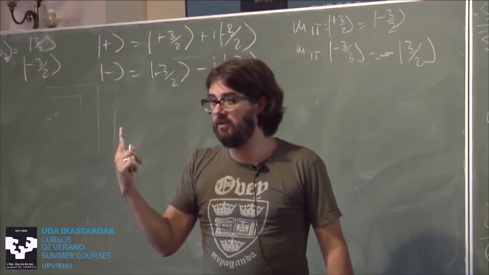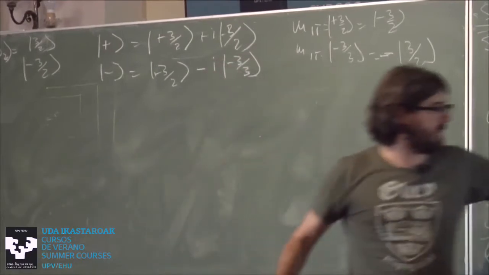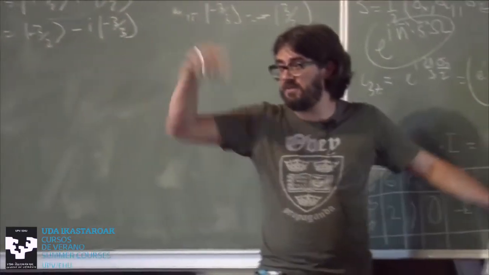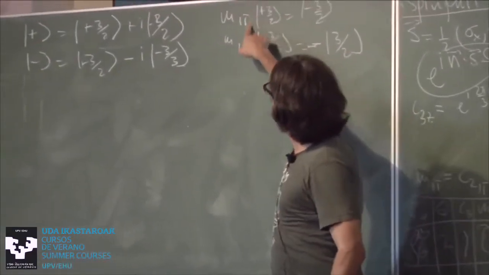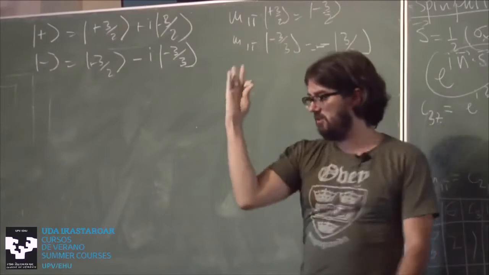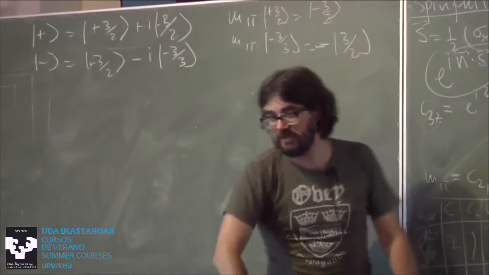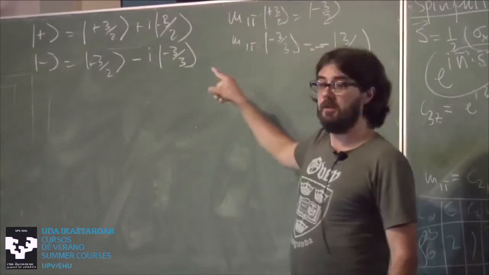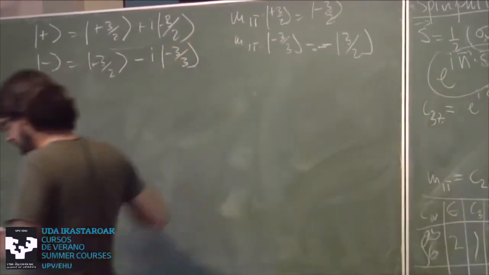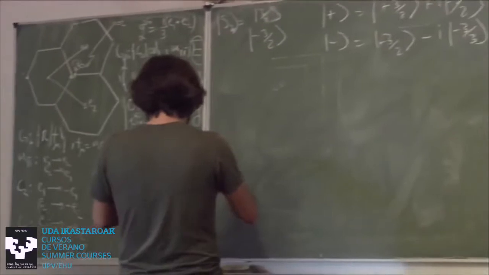It flips the spin by 2 pi. So if I choose the basis where mirror takes 3/2 into minus 3/2, then when I do it again, I have to get 3/2 but with a minus sign. Because of this, these are mirror eigenstates.